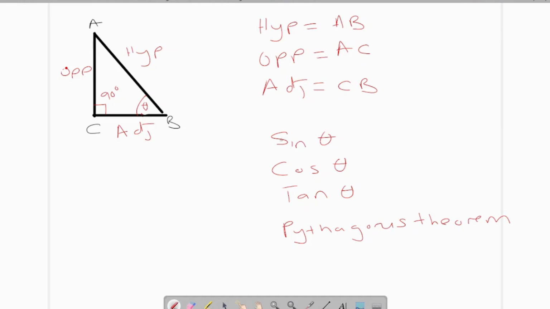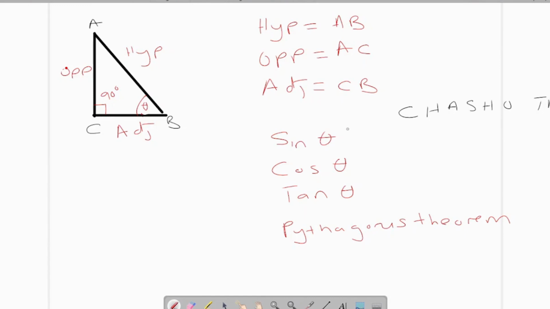To define these formulas, there's an abbreviation that is usually used, which is CAH SOH TOA. So for this C, it's cos theta, adjacent over hypotenuse, and this S is sine theta, which is opposite over hypotenuse, and this T is for tan theta, it's opposite over adjacent.